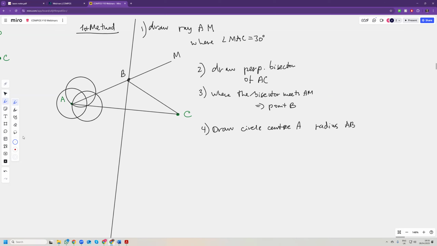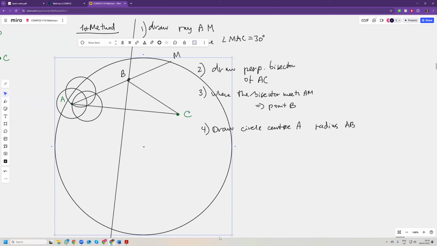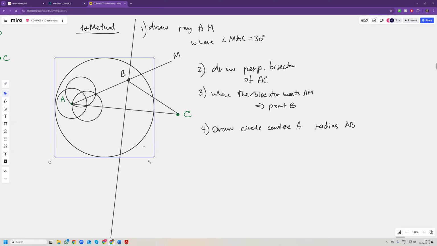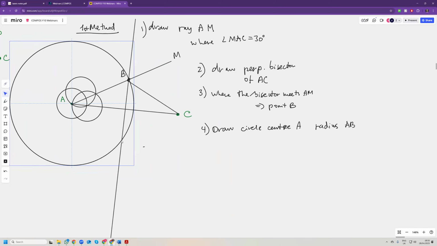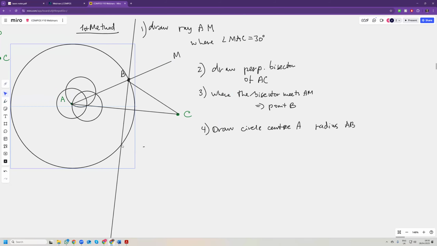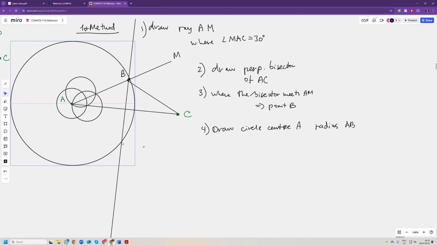So that will look like this. Okay, and where it meets the bisector, that's point O, and we're almost done.